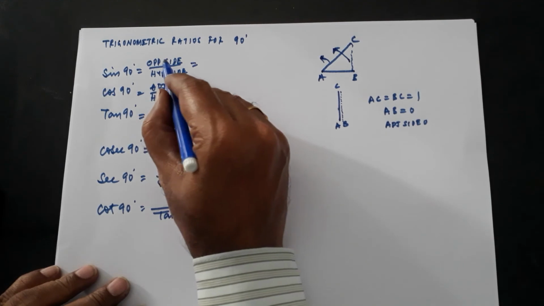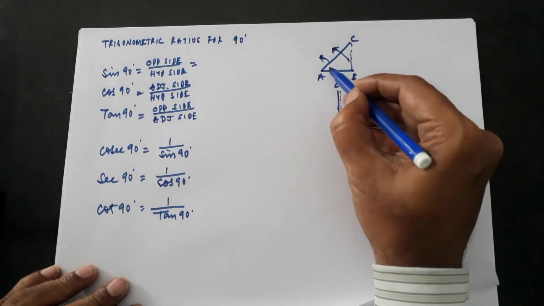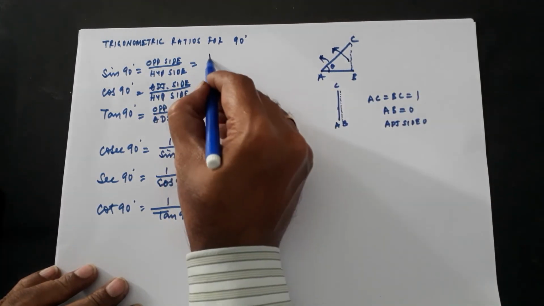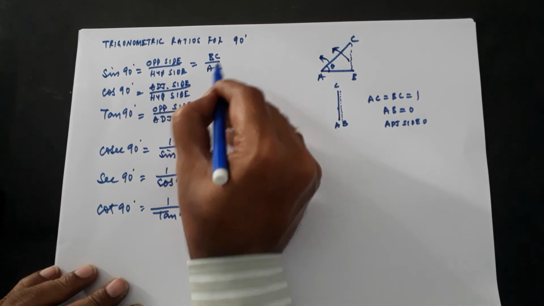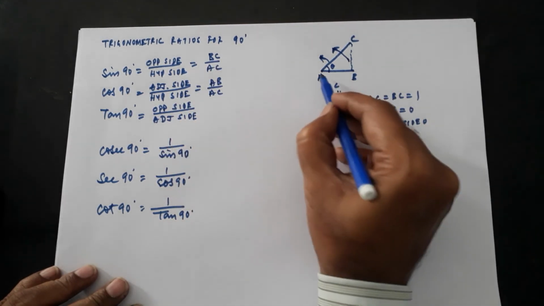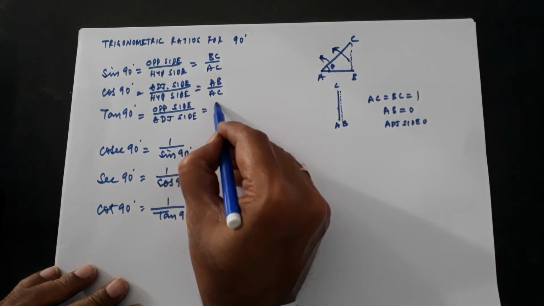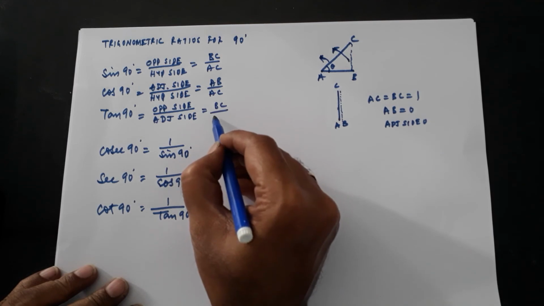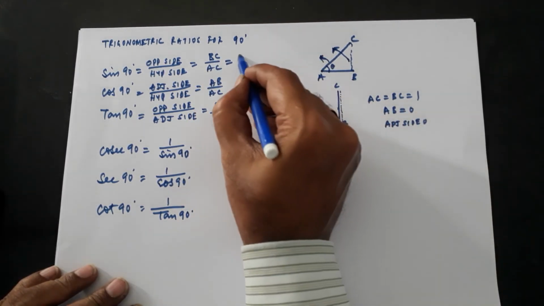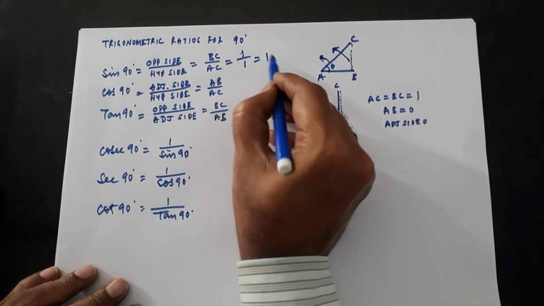What is opposite to this angle? This is theta, opposite is BC, so sin is BC by AC, cos is adjacent AB by hypotenuse AC, and tan is opposite BC by adjacent AB. BC is 1, AC is 1, so 1 by 1 is 1.